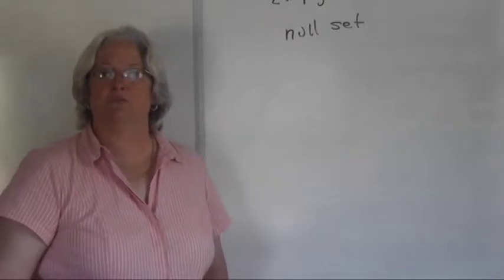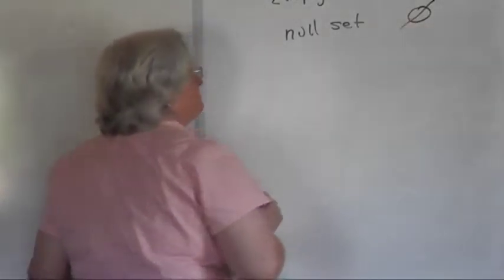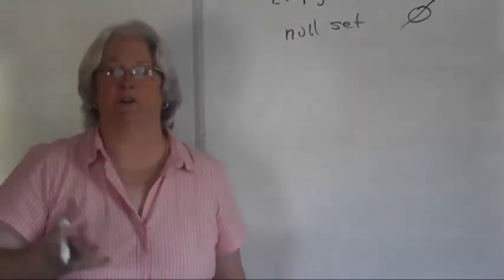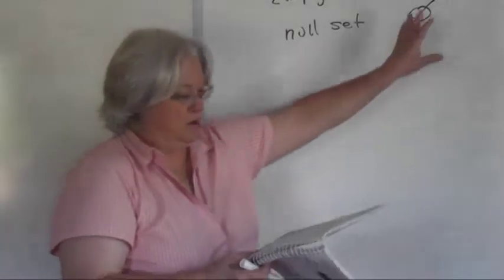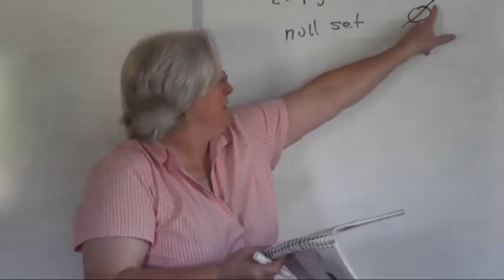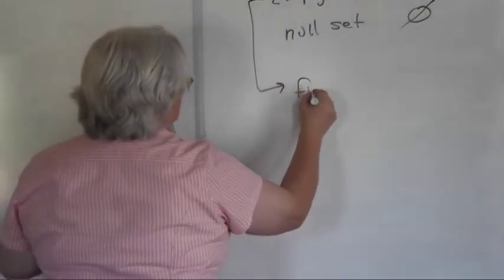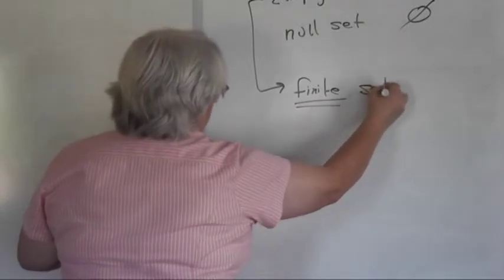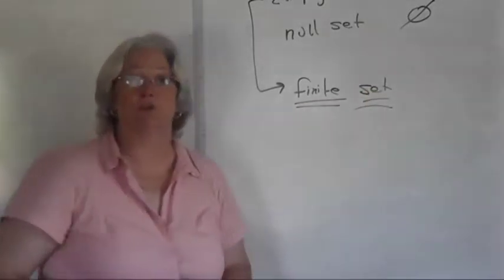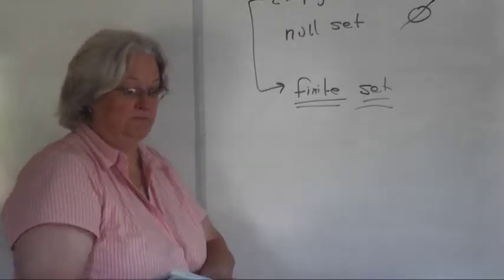Isn't that strange? The null set has no members. It's another way to write null. There is no solution. The set contains no members. And this empty set, they consider to be a finite set. That's just by definition. I can't think of any time when I've really used that, but your book mentions that, so I want to make sure that I point that out.